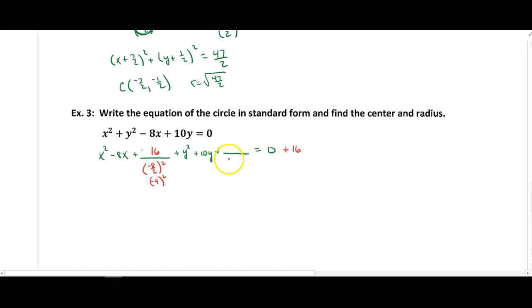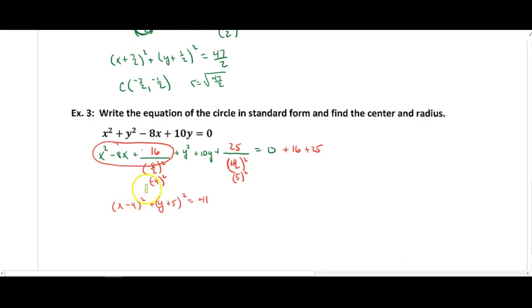Then, next I'm going to take half of 10 and square it. It's going to give me 5 squared, which is 25. So I'm going to add the 25 over here. So now, right away, when I complete the square here, x minus 4 all squared plus y plus 5 all squared equals 16 plus 25 is 41.